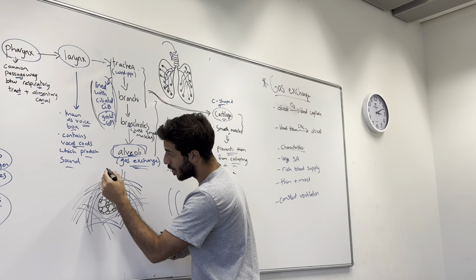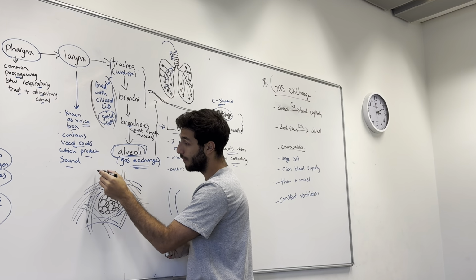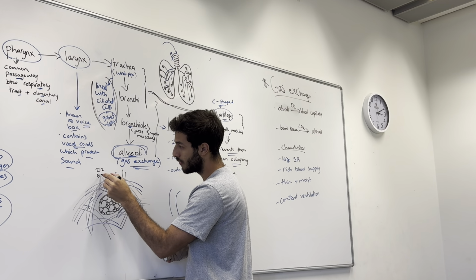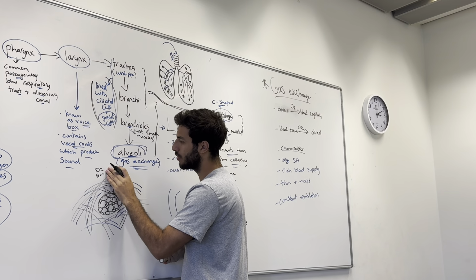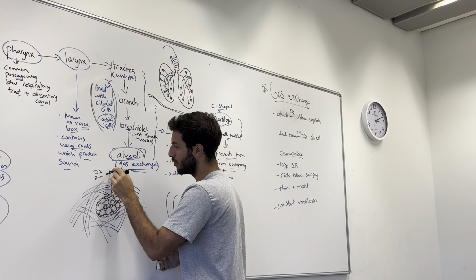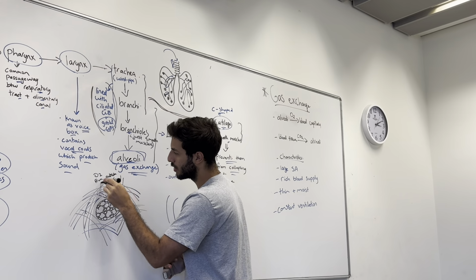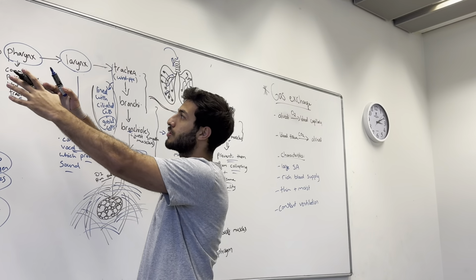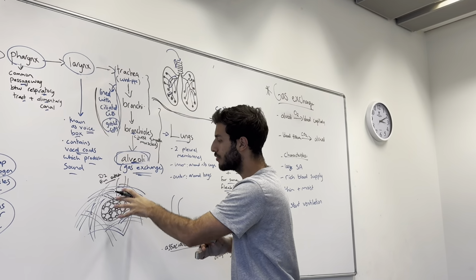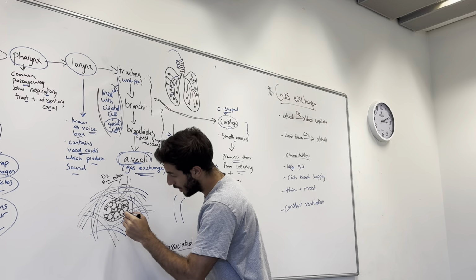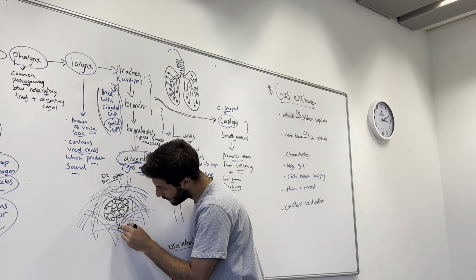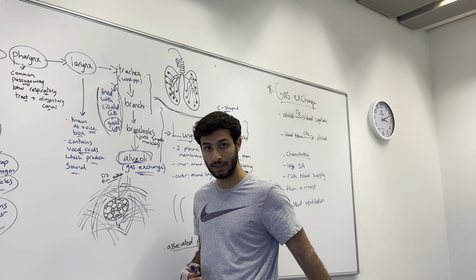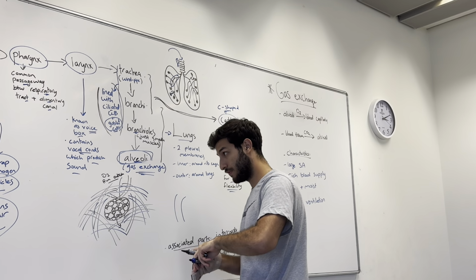We have oxygen coming in from the environment, O2 from the outside. It comes through the respiratory tract, which we just talked about, and reaches the alveoli. Now, O2 in here is going to leave and enter the blood capillaries by what? This is very important to know.